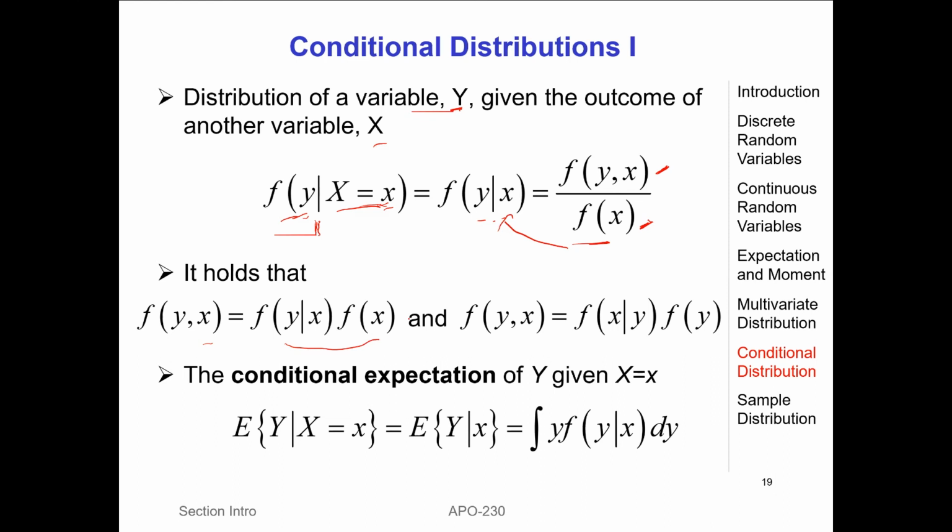And because it's symmetric in a way, it will also be equivalent to the product of the conditional density of x upon y times the density of y itself. This is something that we will sometimes see during the course.